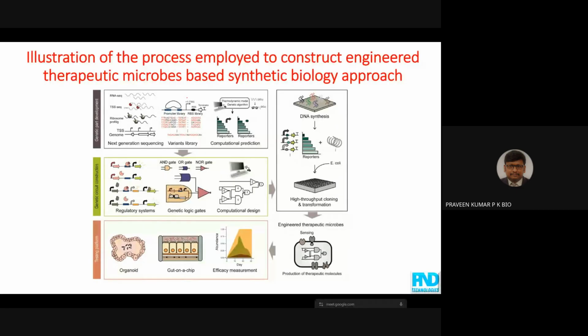Generally, mosquitoes bite us and produce diseases, isn't it? But these mosquitoes, engineered in the labs, if they bite, they can also remove the disease. Such therapeutic mosquitoes are also available. How is this done? Through synthetic biology.